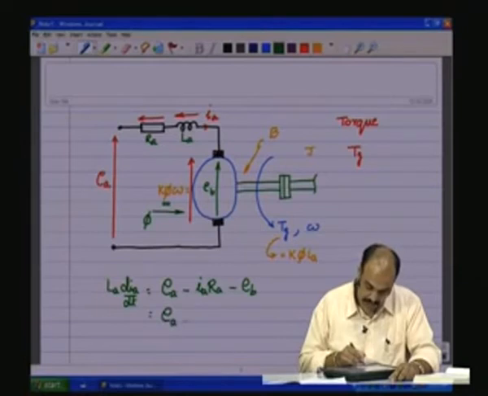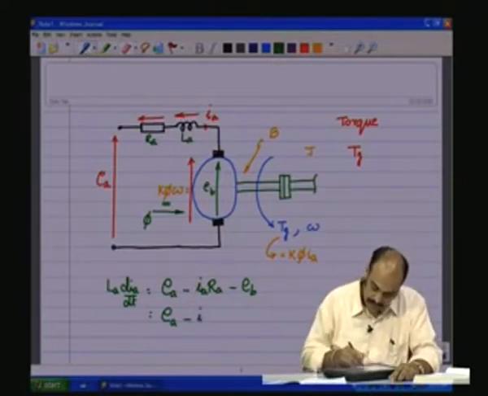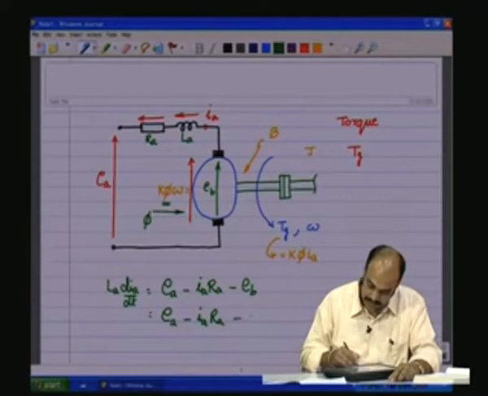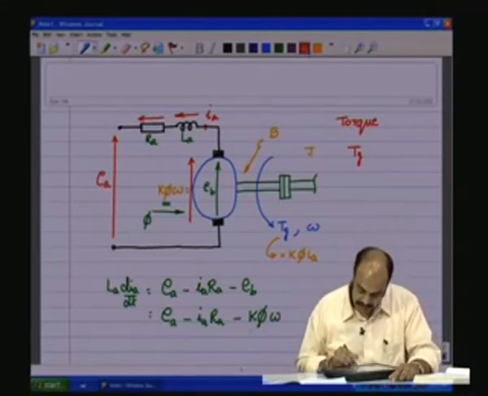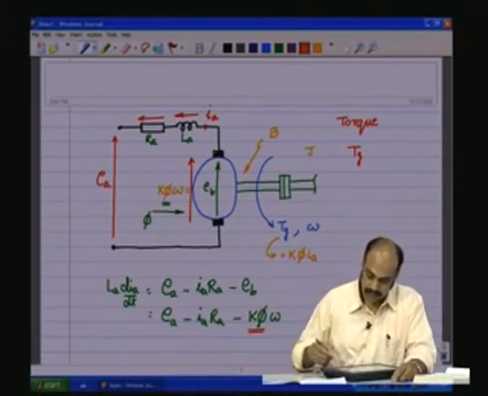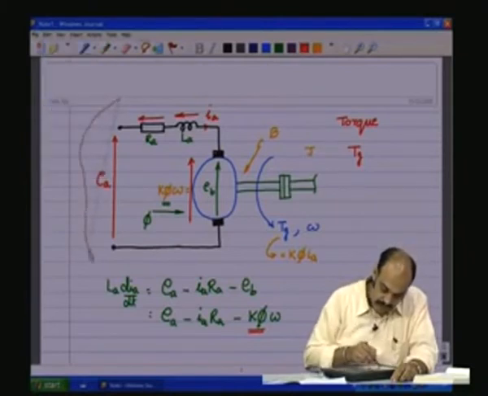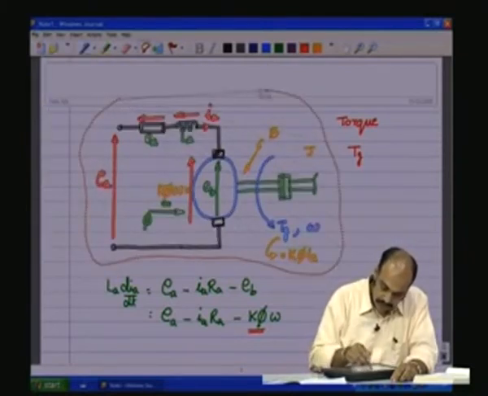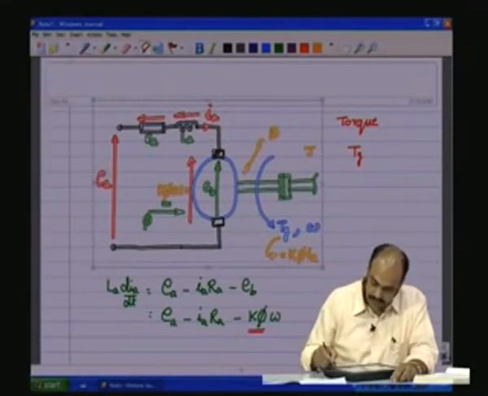So, E A minus I A R A minus k phi omega. For the moment we are considering phi as a constant. Let us take this, copy, and go to the next page.